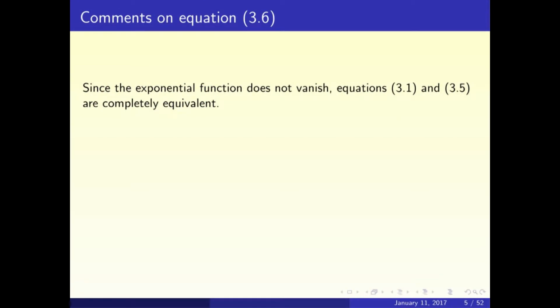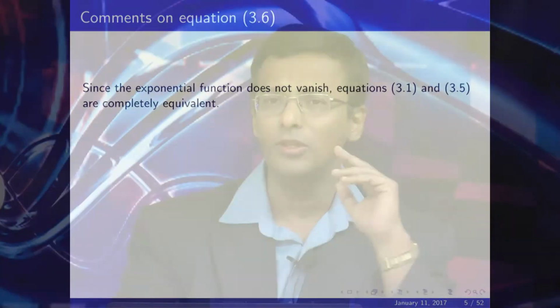Since the exponential function doesn't vanish, equations 3.1 and 3.5 are completely equivalent. Let me remind you, what is equation 3.1? The original differential equation. What did we do to the original differential equation? We multiplied this by e to the power phi x. E to the power phi x is never 0. So you take an equation, you multiply it by a non-zero term, you get a new equation. So these two equations are completely equivalent.